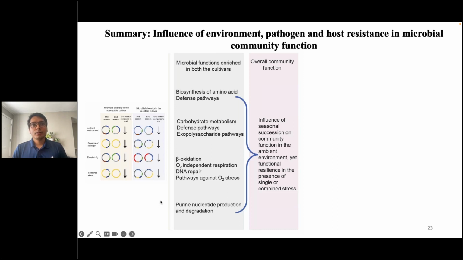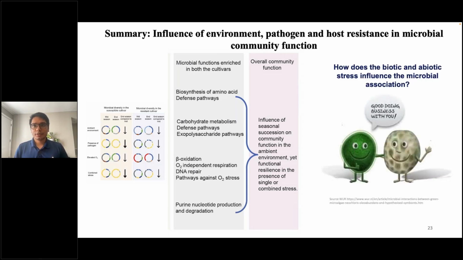But in order to overcome these different stresses, we saw this distinct microbial community performing similar functions, which we refer to as functional redundancy. So as we saw distinct communities performing similar functions, we wanted to understand how these microbial communities are interacting with each other in the phyllosphere, and how this biotic and abiotic stress influences this microbial association.